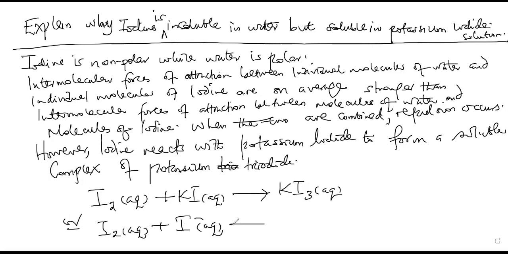You form triiodide ion complex. So now that is the logic behind the one being polar and the other one being non-polar. Repulsion occurs. All right. Yeah, that is the main point.